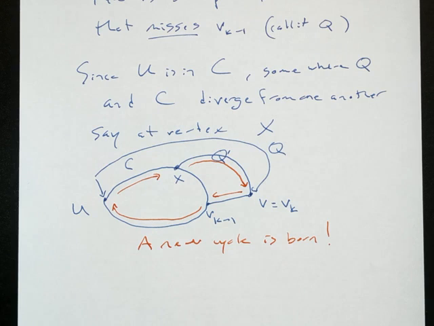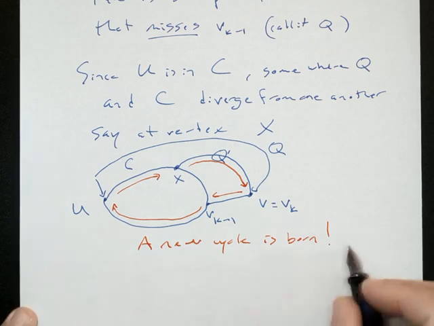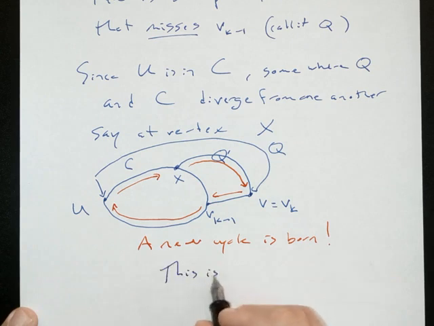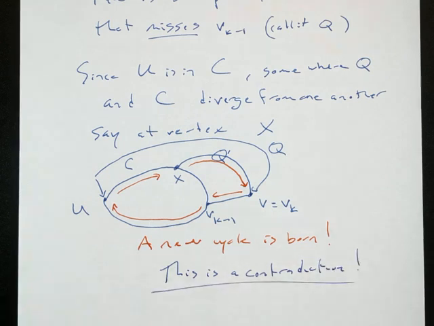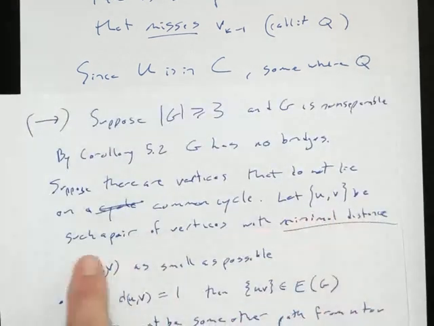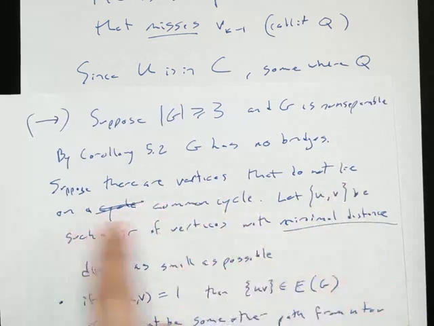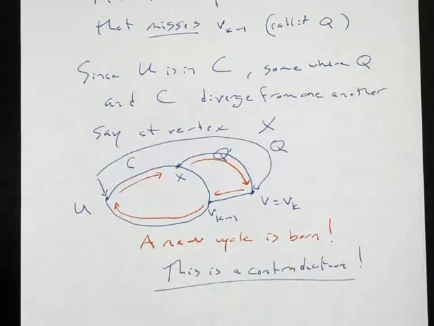The only way this fails is if there are no vertices that already don't share a cycle. We said right back up here, U and V be a pair of vertices that do not lie on a common cycle, and then we built a common cycle.